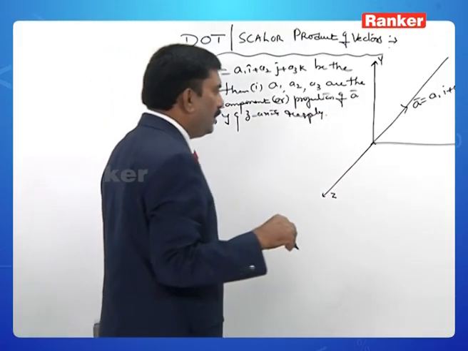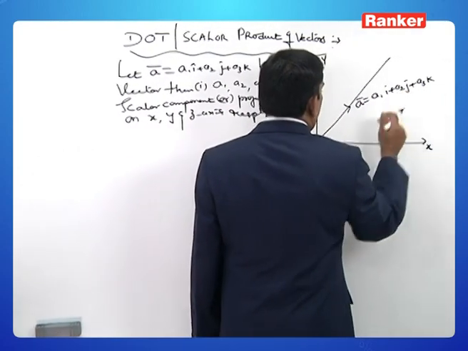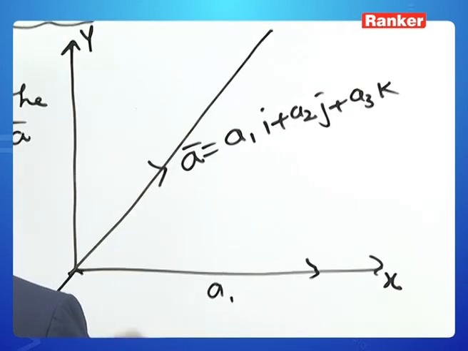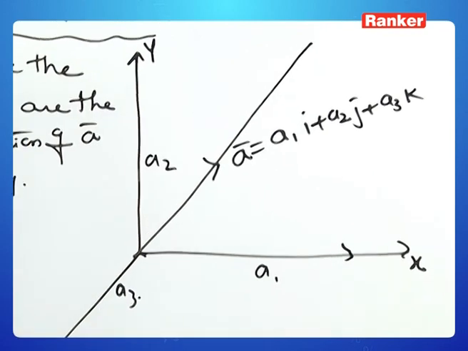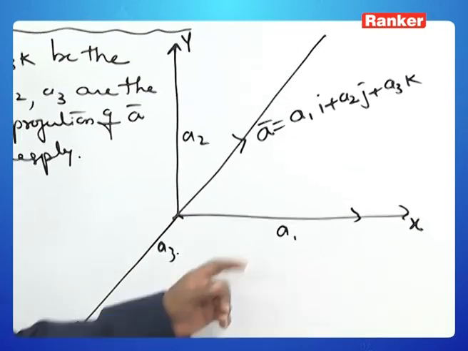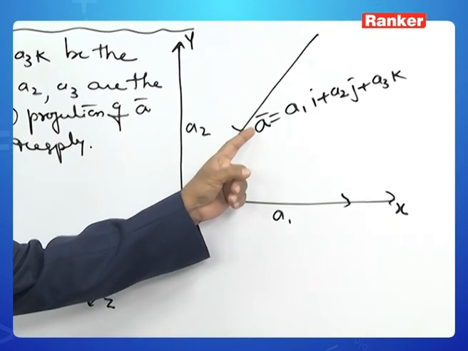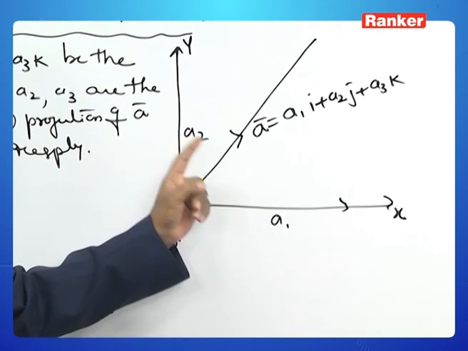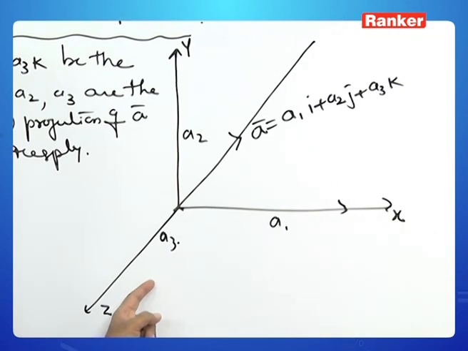Now look here, if I take A bar is equal to A1i plus A2j plus A3k, then A1, A2, A3 are nothing but the scalar components of A bar on the x-axis A1, on the y-axis A2, on the z-axis A3.